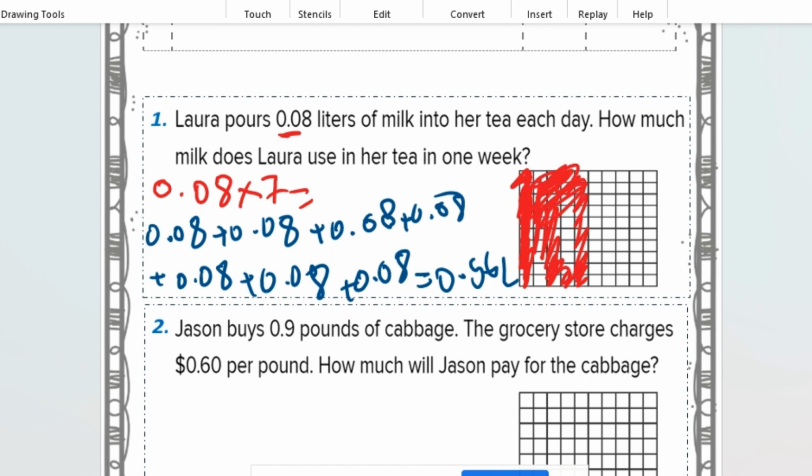So this is 0.50. Okay, and we just add 6 cubes: 1, 2, 3, 4, 5, 6. This whole thing is 0.56.